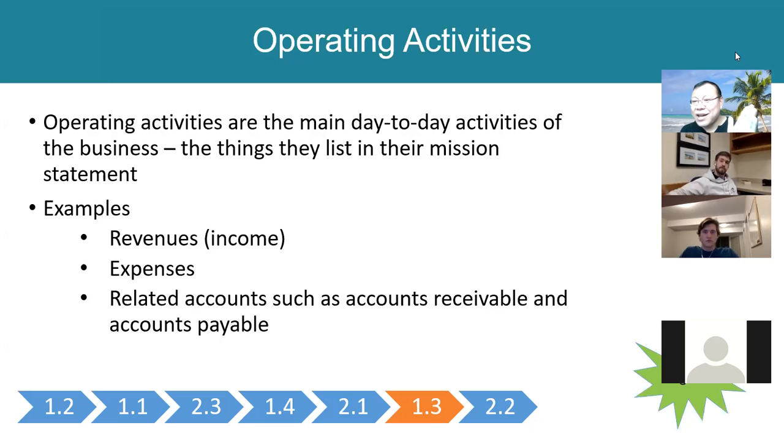This is important, so I will say that again: operating activities mainly focus on current assets and current liabilities. For example, accounts receivable is a current asset, and accounts payable is a current liability.